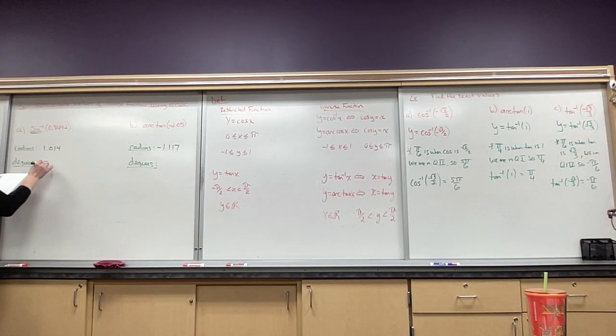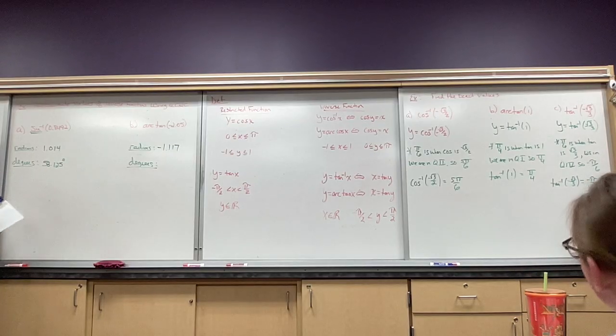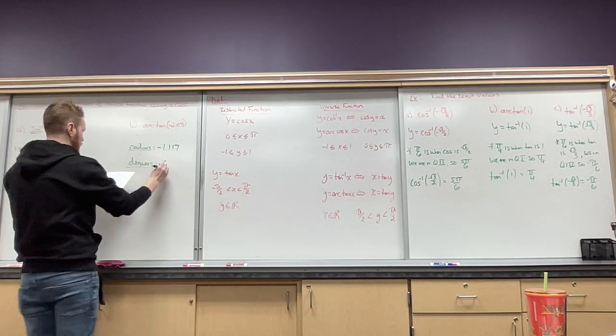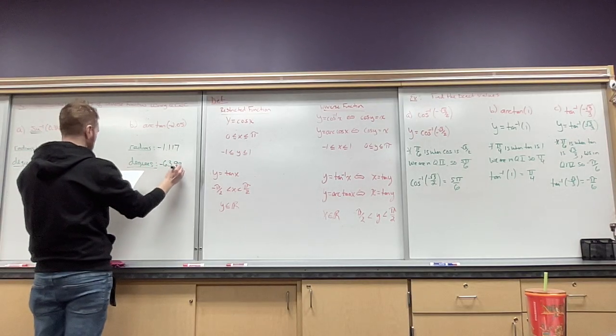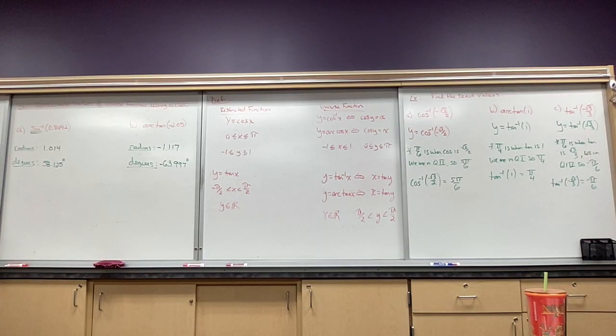So this should be 58.125 degrees. And then we'll do tangent to finish it. So second tangent of -2.05. Okay. We get -63.997 degrees.